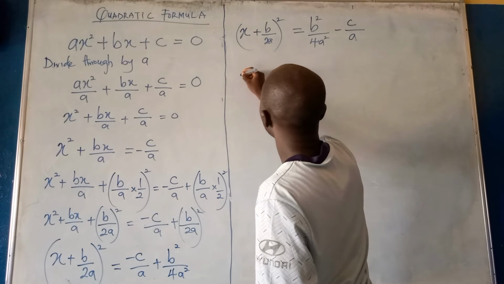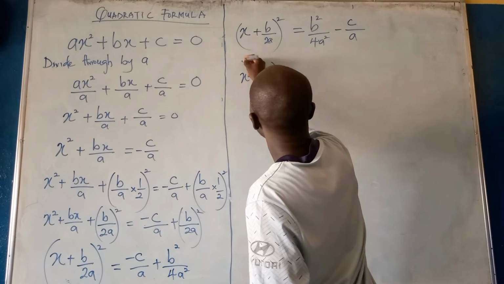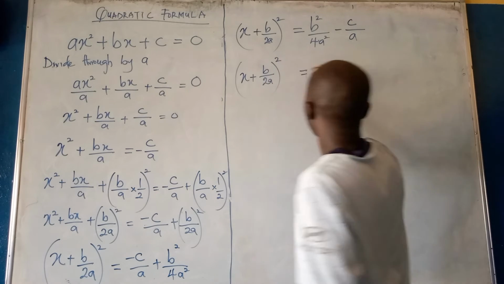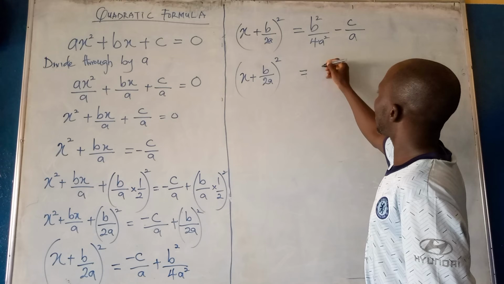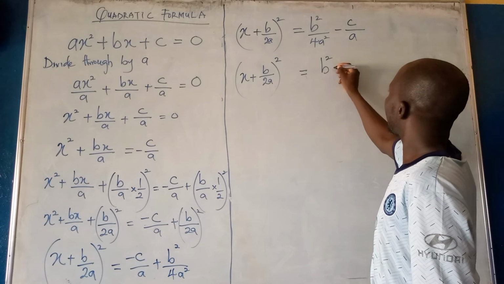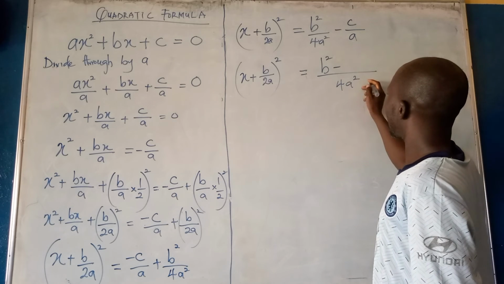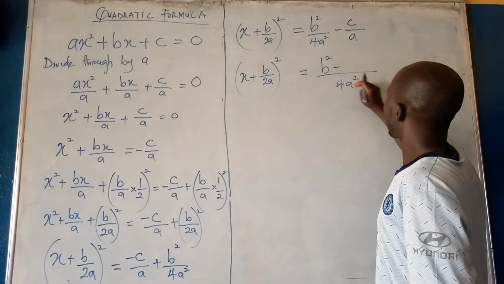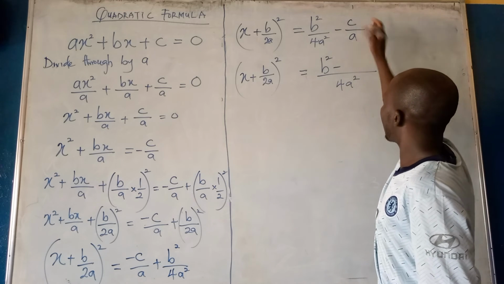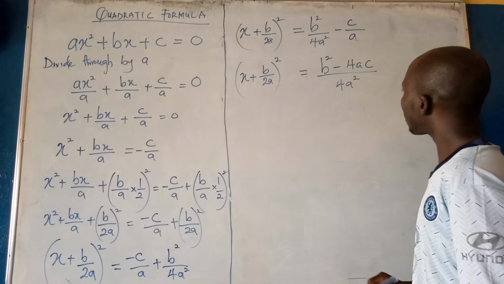And here we have x plus b over 2a all squared equals, if you take the LCM, which is 4a squared, b squared minus, since 4a squared divided by a gives 4a, multiplied by c, so we have 4ac.